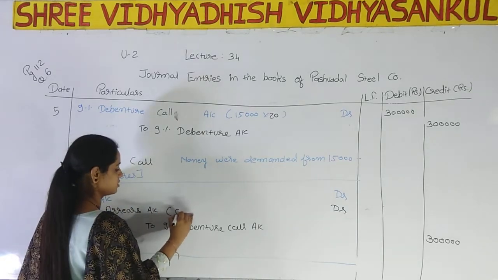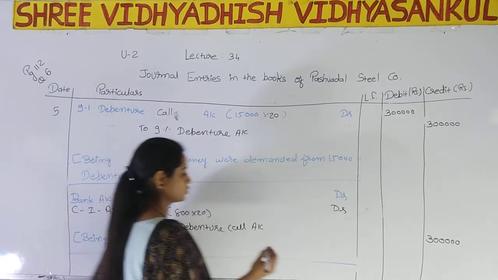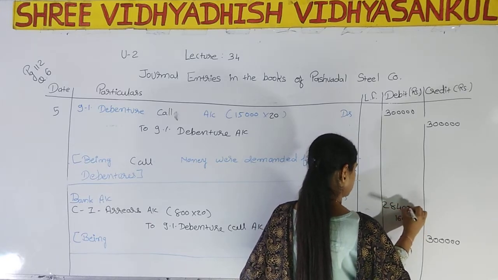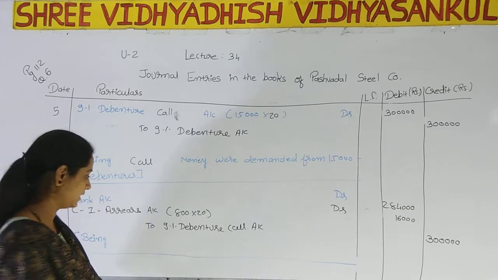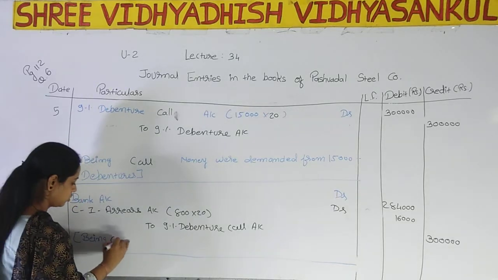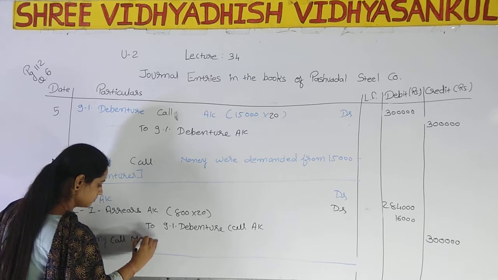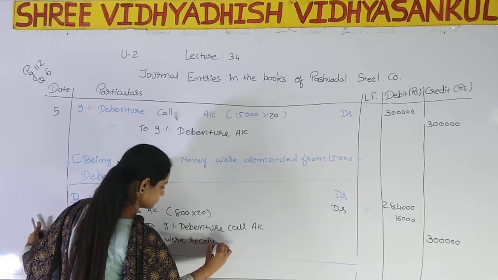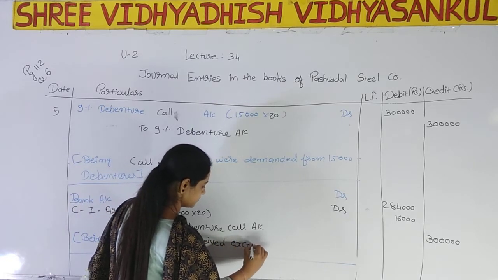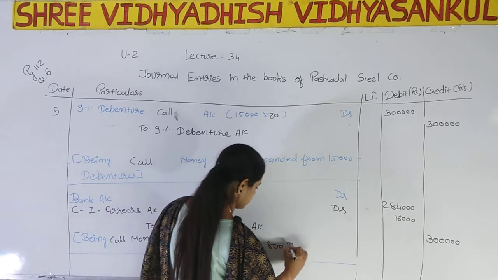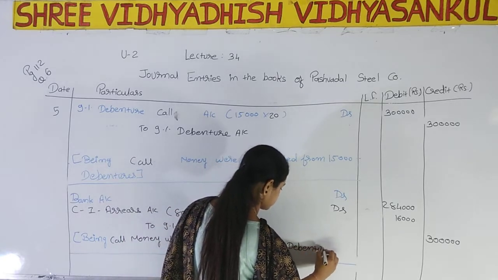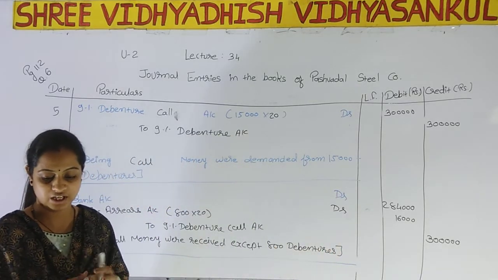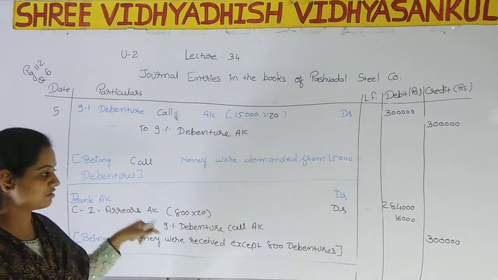That means we have not received 800 into 20 rupees, so the answer will be 16,000. That means we have received 2,84,000 rupees on this call. In the bracket we have to write: Being call money were received except 800 debentures. Underline, then do the total by yourself. Here we have completed this sum. Write it down and do the total.